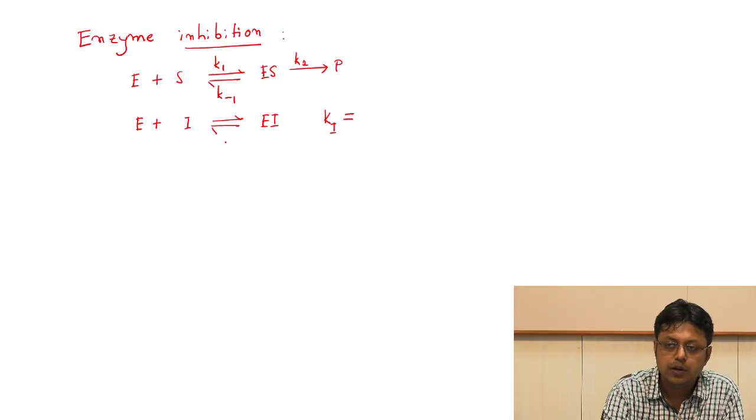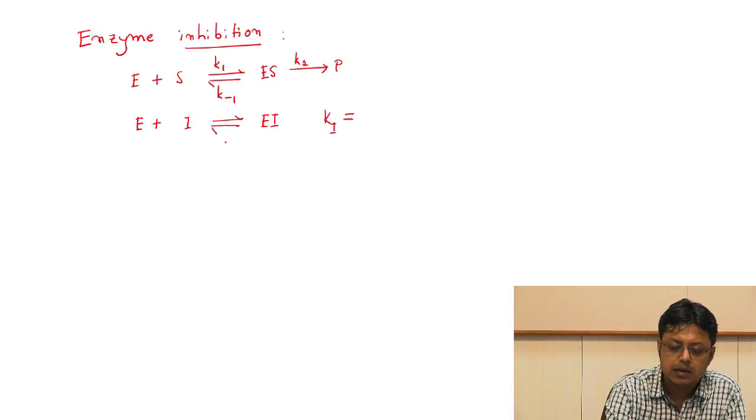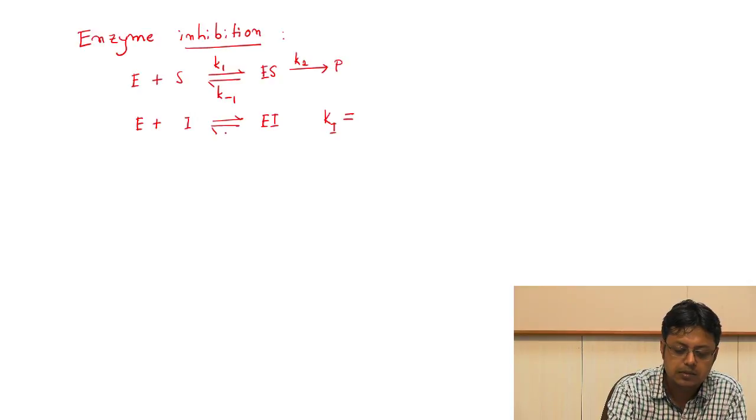If EI to E plus I is the forward, and E plus I to EI is the backward or reverse reaction, then the equilibrium constant can be written as the concentration of E times the concentration of I divided by the concentration of EI.